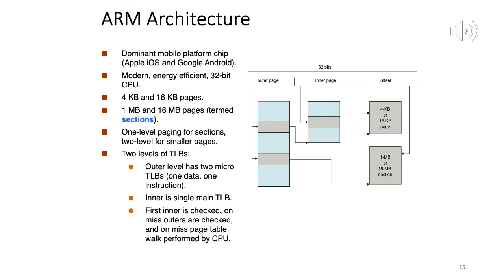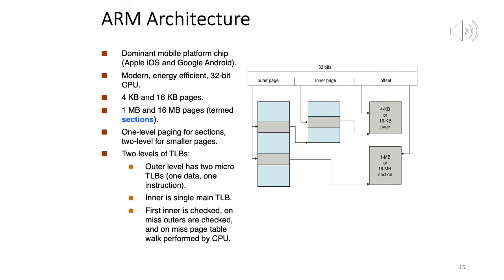So incidentally, Apple has licensed the ARM design for its iPhone and iPad mobile devices, as well as several Android-based smartphones. They also use ARM processors. So generally, you can say it's very popular with phones and tablets, those kinds of devices. So it is the dominant target mobile platform chip for Apple iOS and Google Android, right?